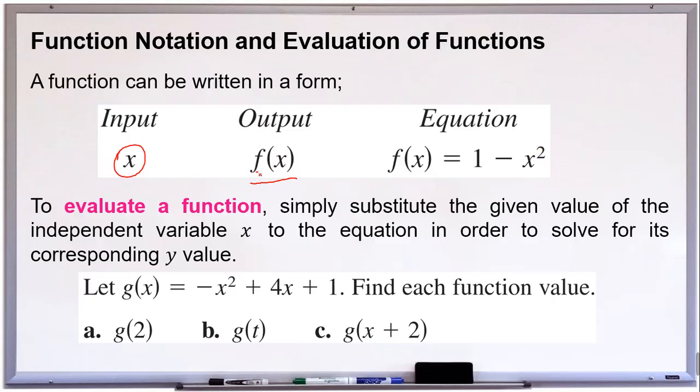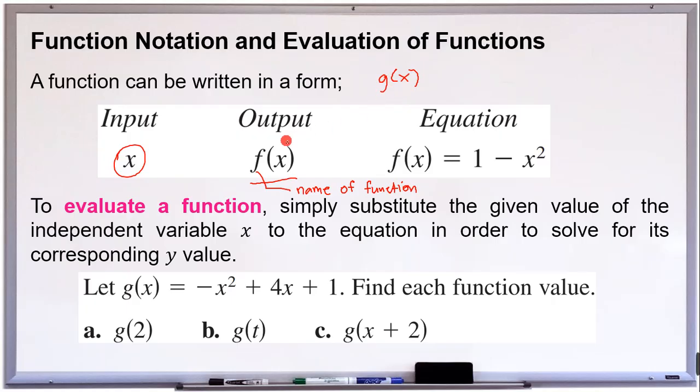So f here is the name of the function, because there are some examples in which they use another letter aside from f. So let's say we have a given function g of x. So the name of the function this time is represented by the letter g.